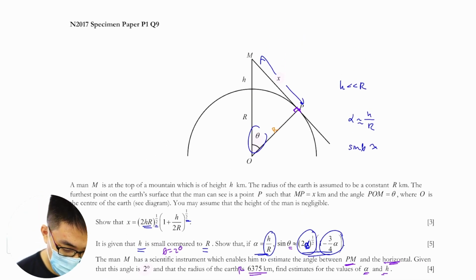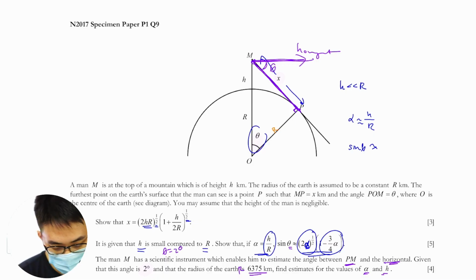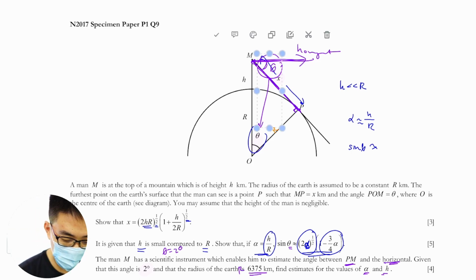PM is where? PM is here. And the horizontal is here. This is horizontal. Yeah, so this is the angle here. So this angle here is the same as this angle here, because this is 90, right?